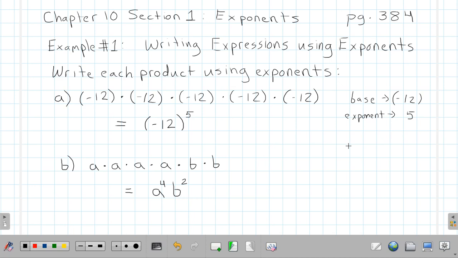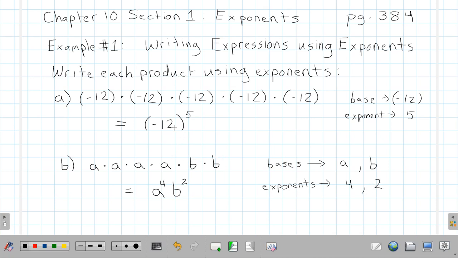And much like up here, let's label our bases. In this case, we have two bases. We have a and we have b. And then our exponents, so we have two of them here since we have two bases. Our exponents are 4 and 2.